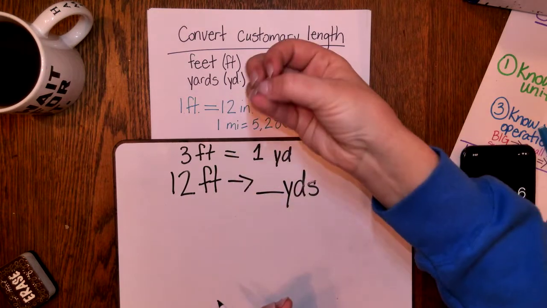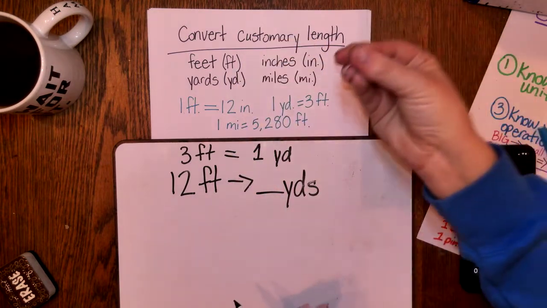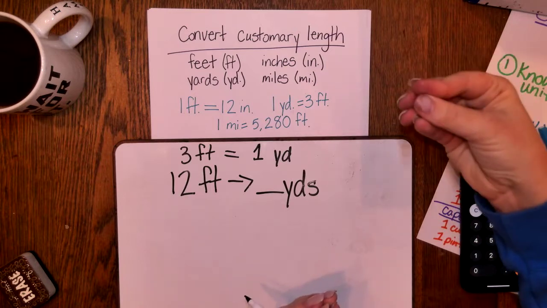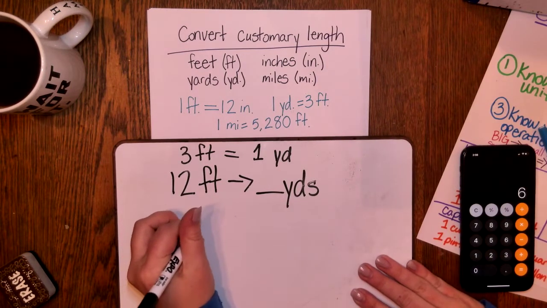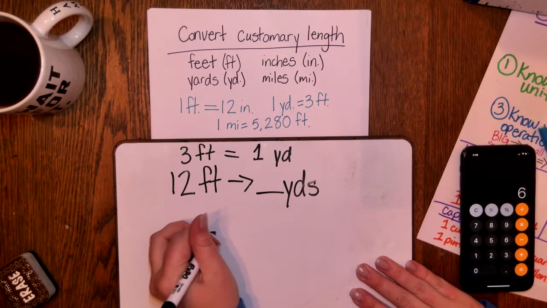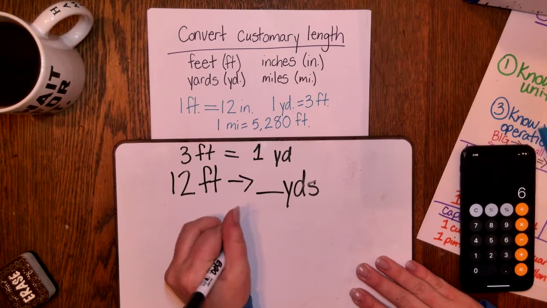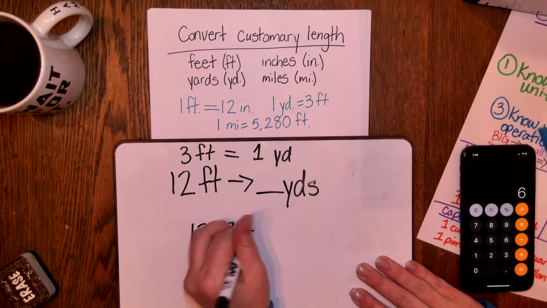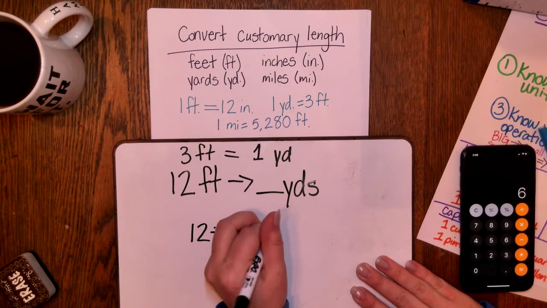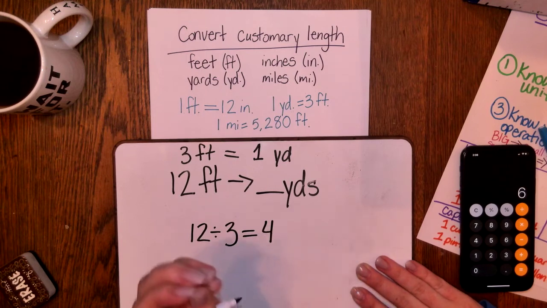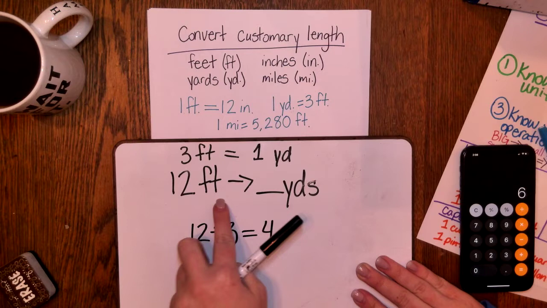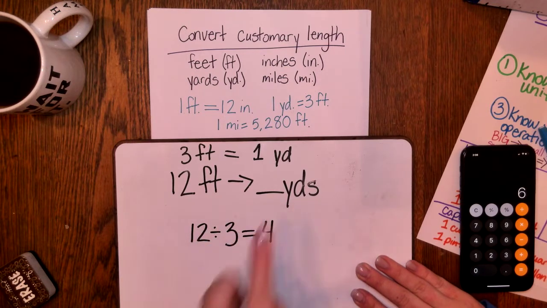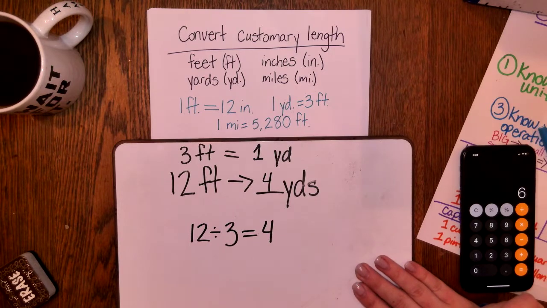So I'm going to break off a group of 3, break off a group of 3, break off a group of 3, so that I can have yards. 12 divided by 3 equals 4. I can break off groups of 3 4 times. That means my 12 feet are actually the same as 4 yards.